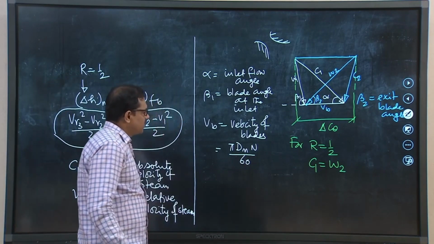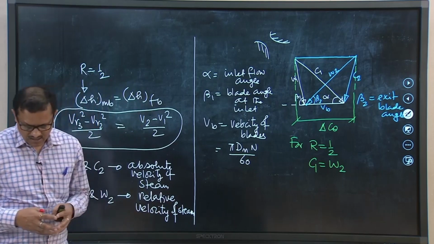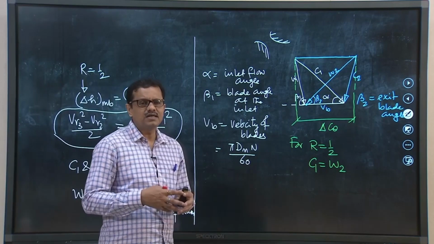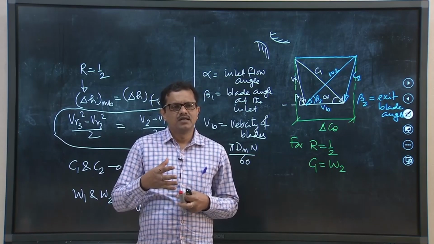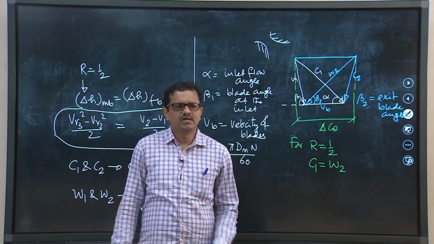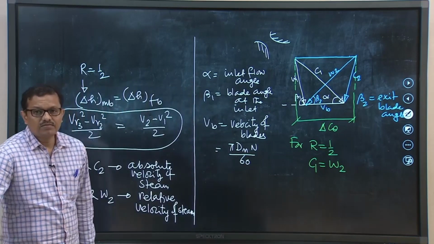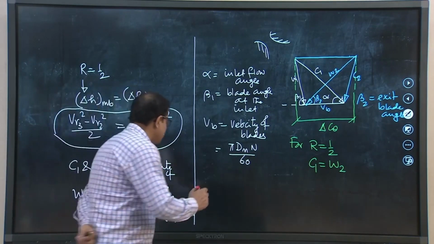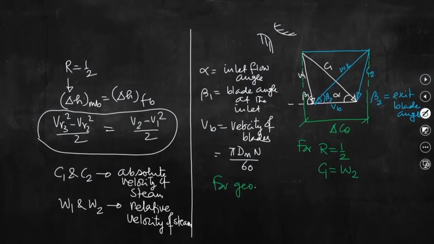And for geometric similarity, similar in geometry, because essentially blades are extruded from the same dies, they are geometrically similar, and for geometrical similarity we can write alpha equal to beta 1.